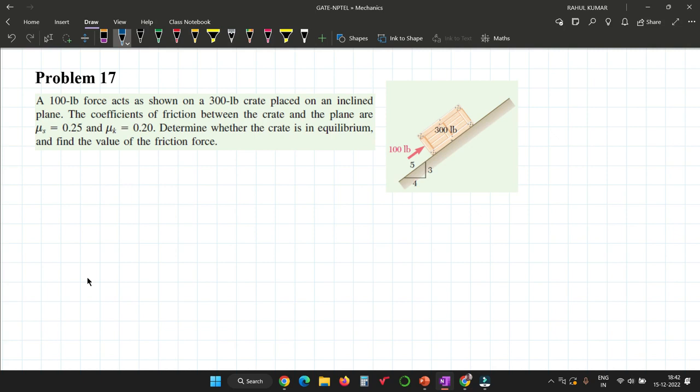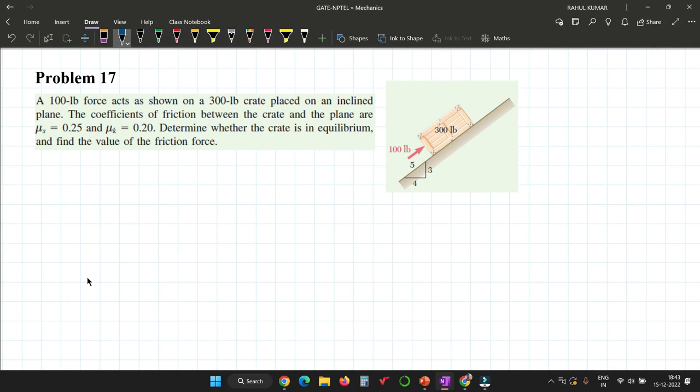Is it in equilibrium or not? Is the crate under motion?